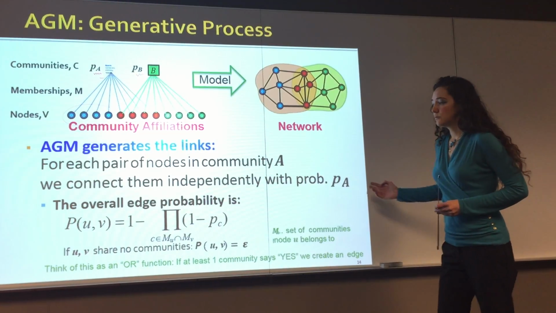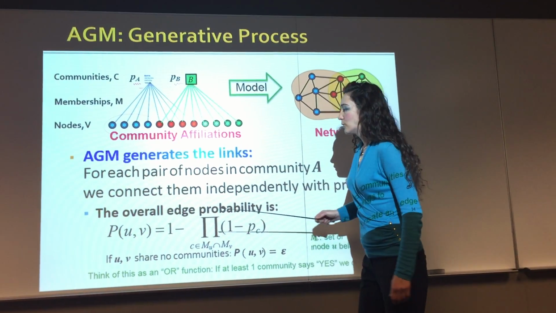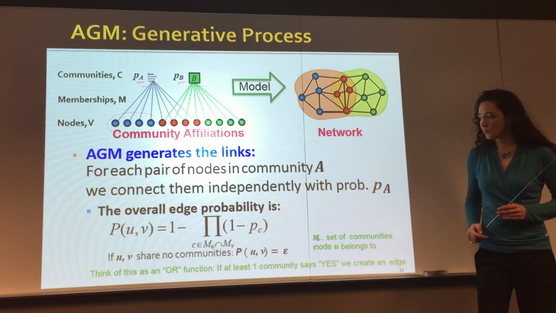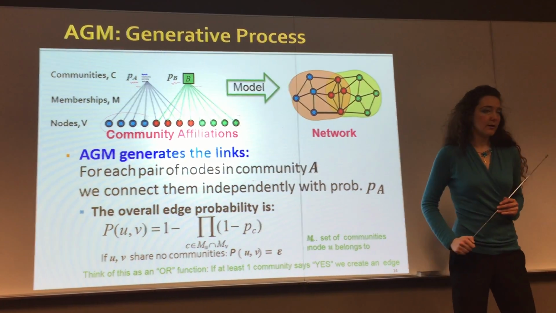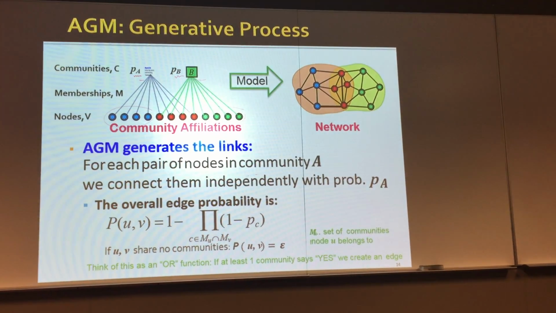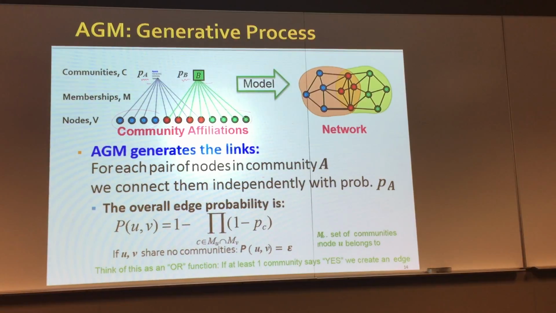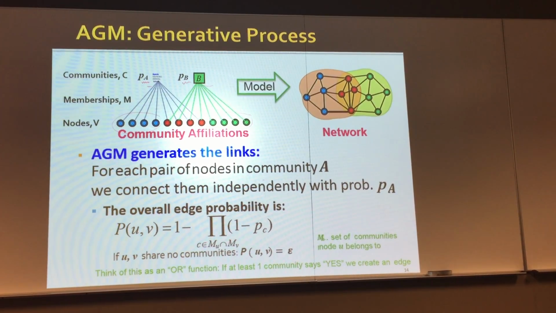And so using this formula, we can compute the overall edge probability for two nodes by taking the product of all the probabilities for all the communities that they belong to.